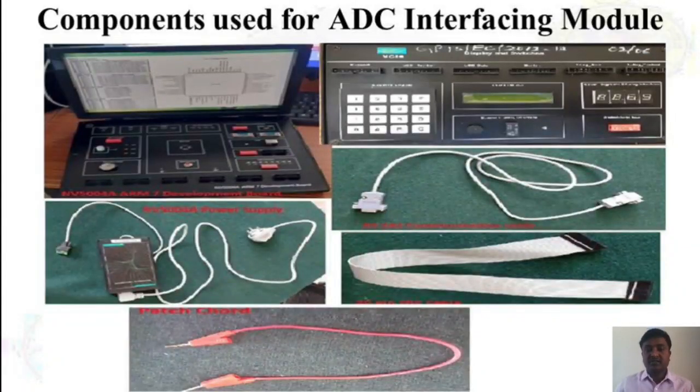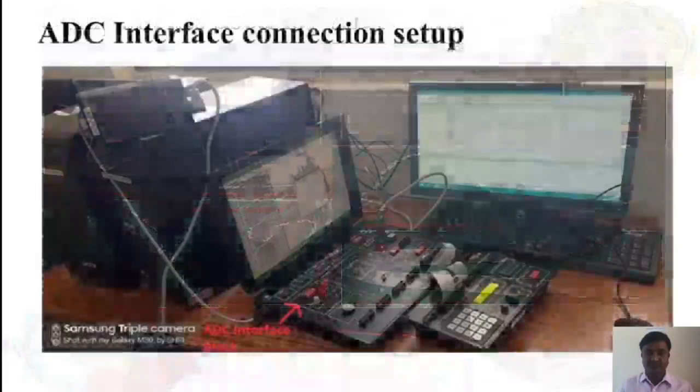This is the ARM7 development board kit, the MC10 display and switch module, the RS232 communication cable, this is the 20 pin FRC cable, this is a patch card, and this is the NV5004A power supply. These are the components which we are going to use in the ADC interfacing module.